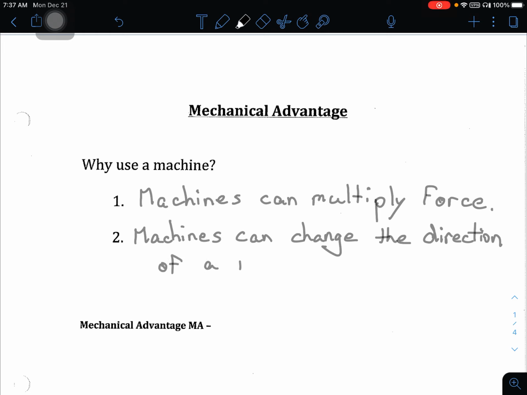And that is a useful thing as well. I can push down on a lever and the lever is going to push up on the object that I'm doing the work on. And in a lot of situations, that is very useful. So those are the two things. By doing those two things, we say using a machine gives us a mechanical advantage. It allows us, using a mechanism, using a tool, to be able to do something we would not be able to do on our own.